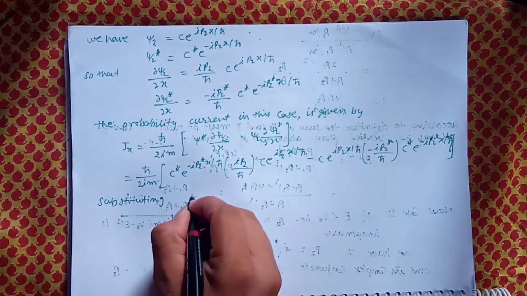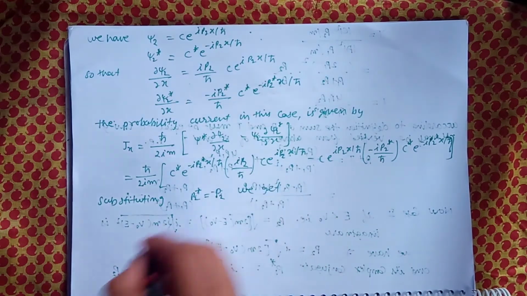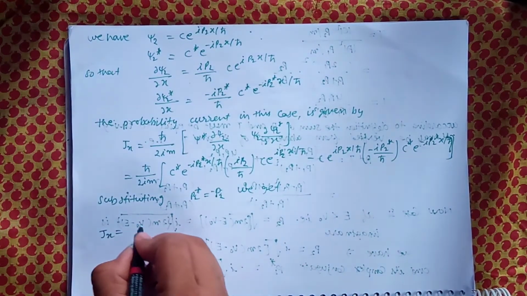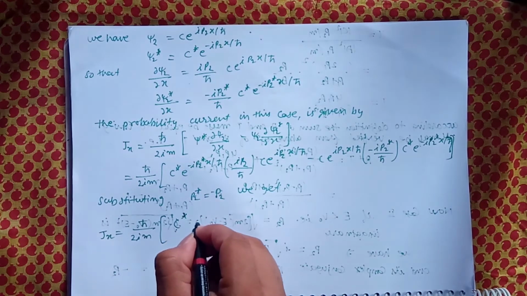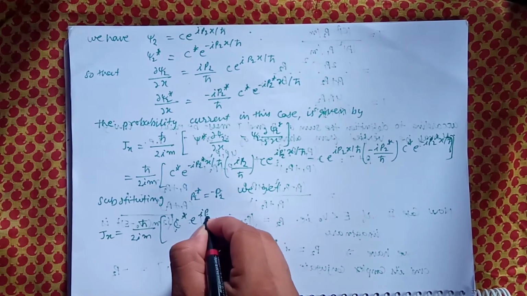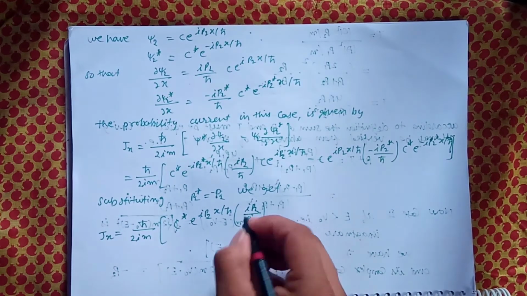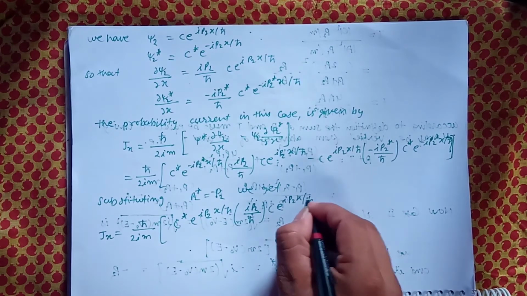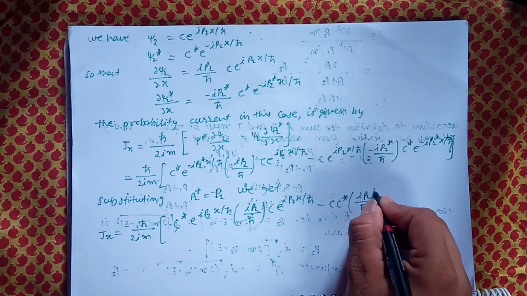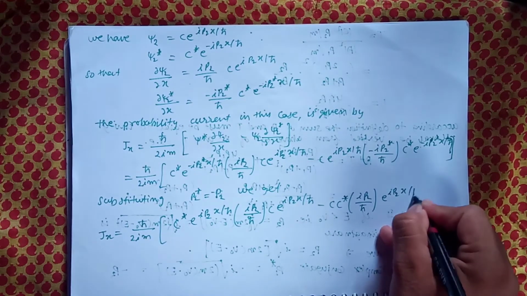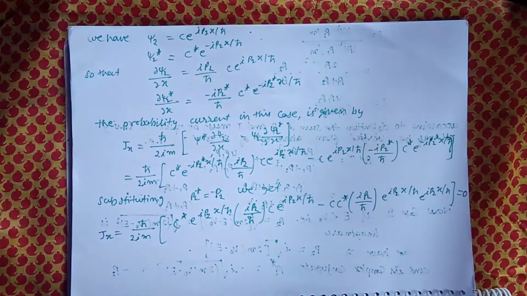Substituting P2 star is equal to minus P2, we get Jx is equal to h cut over 2 iota m, C star e raised to power iota P2 x over h cut multiplied by iota P2 over h cut C e raised to power iota P2 x over h cut, minus C star iota P2 over h cut e raised to power iota P2 x over h cut e raised to power iota P2 x over h cut, which is equal to 0.